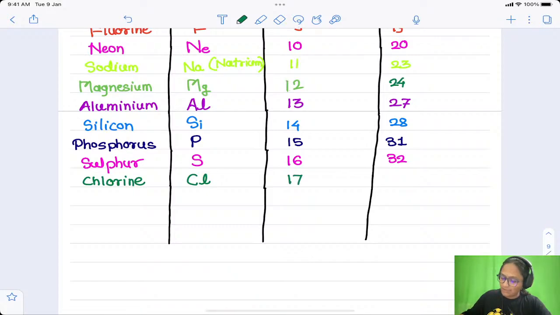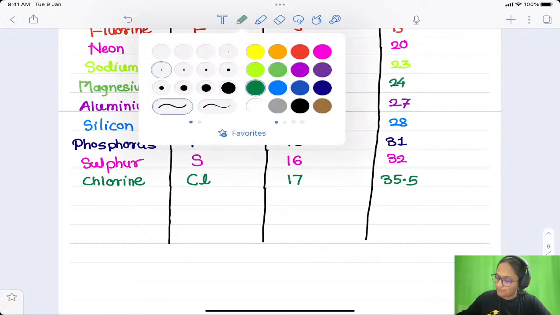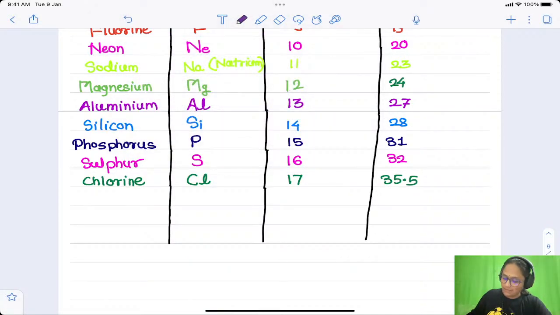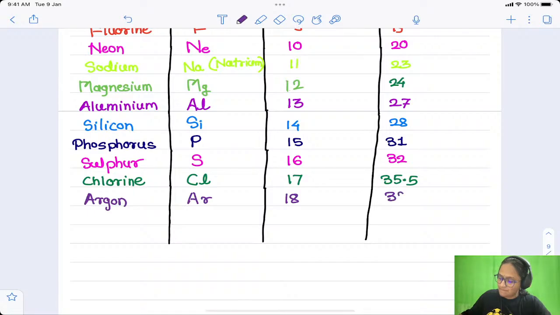Atomic number is 17, mass number is 35.5. Then after chlorine, next is argon. Ar is the symbol. Atomic number 18, mass number is 39.